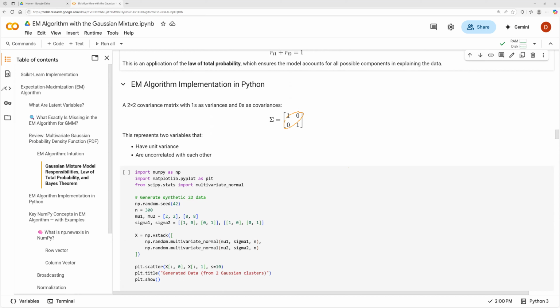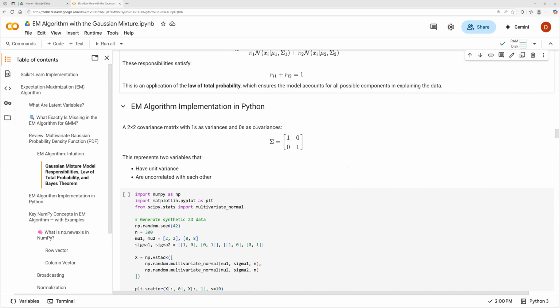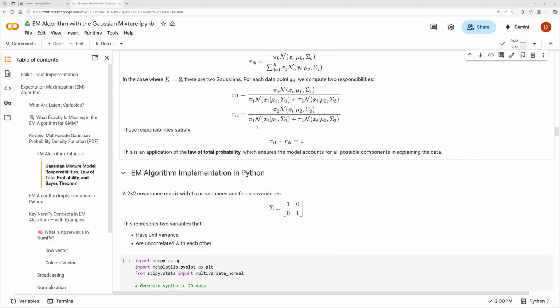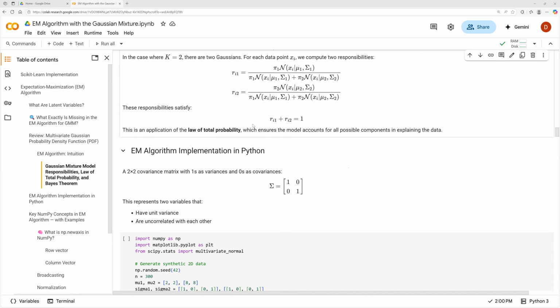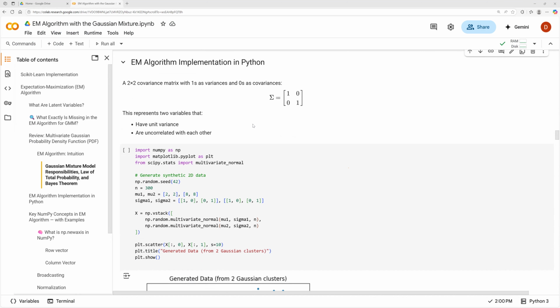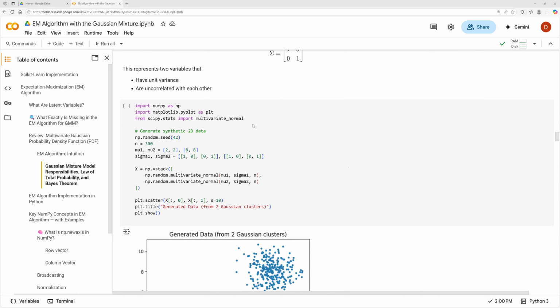I know that we're working with a lot of concepts here in this video, but it's important to keep these things in mind, right? That how these probability concepts are working in the math and also in the overall theory. But we've got these covariances that are 0. We've got unit variance.